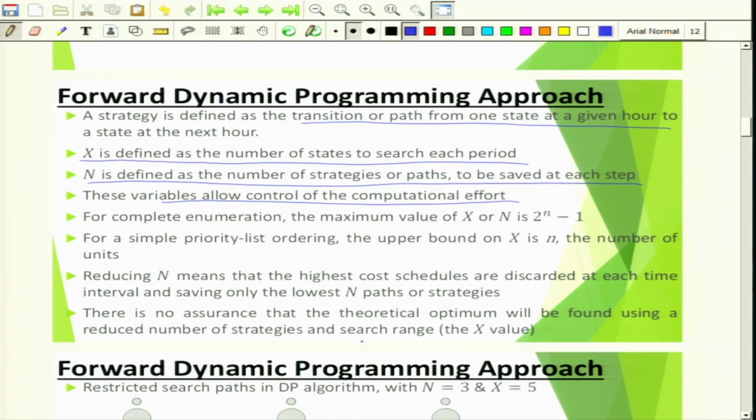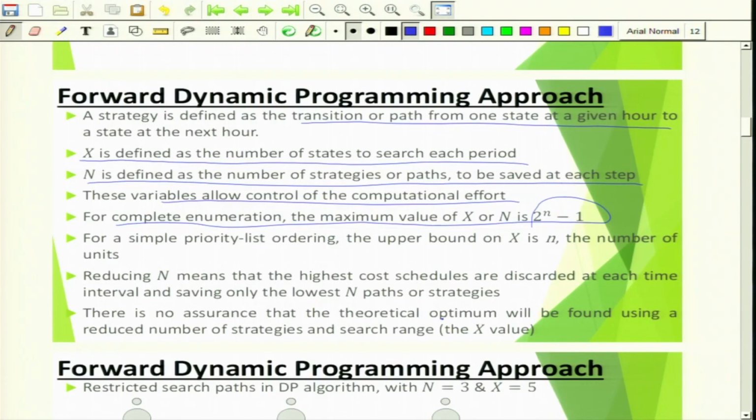So for complete enumeration, the maximum value of X or N is 2 to the power of n minus 1. If somebody is very much interested to find out the most accurate optimal solution, they may consider the 2 to the power of n minus 1 combinations as well. But in order to reduce the computational burden, we are going for this technique where we consider X which is less than 2 to the power of n minus 1, and N could be even less than X, right?